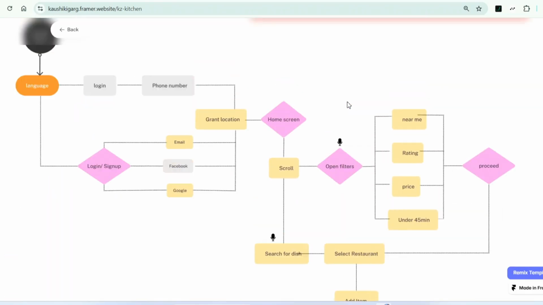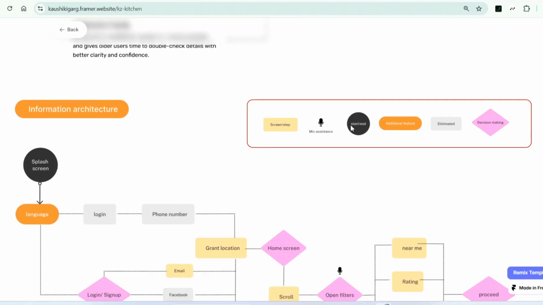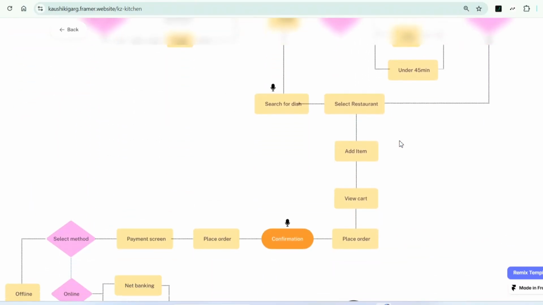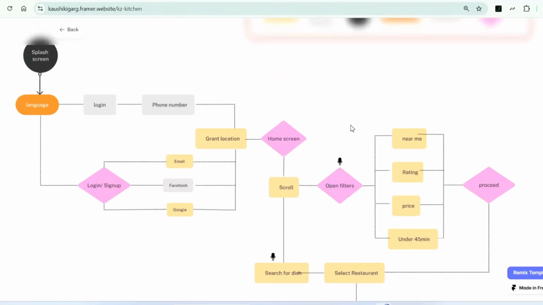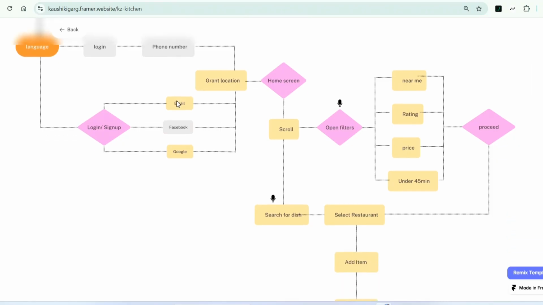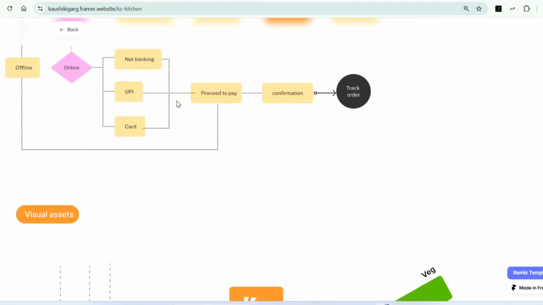Similarly, wherever the mic is there, there will be a voice assistant helping the elderly in ordering. The orange indicates the new features which I introduced in the application, which were not there before. And the gray ones are some which I eliminated, which were not that important.